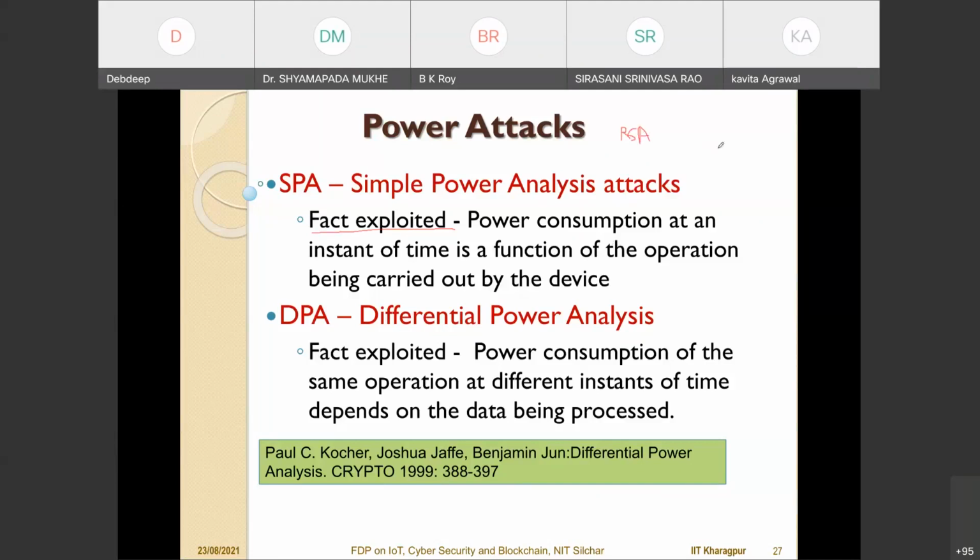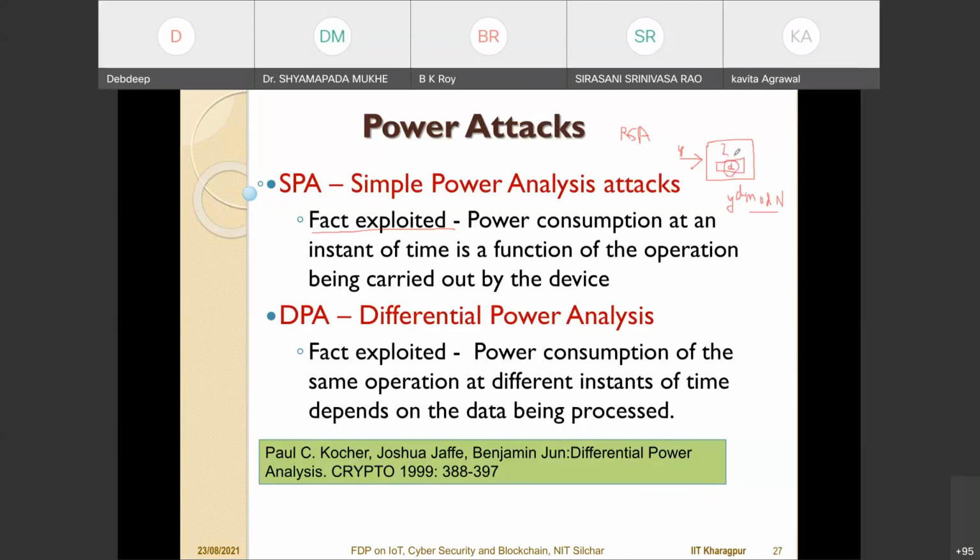If you have a crypto device performing a decryption, imagine you are giving the cipher and there is a small key stored inside, which is your decryption key, say D. You are passing the input, say Y. What this chip or software does is compute Y power of D, and of course it does a modulo operation with some public parameter. The attacker is curious about what this information D is, because the attacker wants to know the secret key.